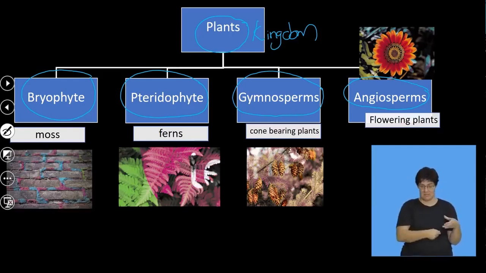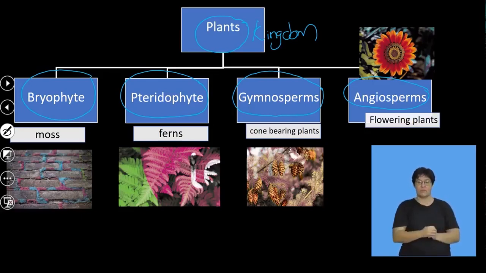And I've put a picture underneath each of them of an example of a plant that we are going to look at in a little more detail to explain what we mean about that characteristic.